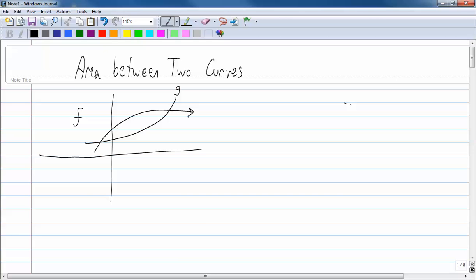Then if you want to know the area between these 2 curves, I'm going to call this point A and this point B on the x-axis. Then what you can do is find the integral from A to B of the top curve minus the bottom curve. And so you say f of x minus g of x.